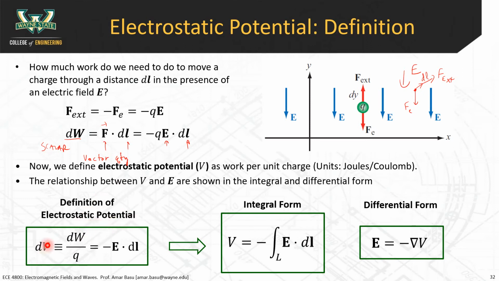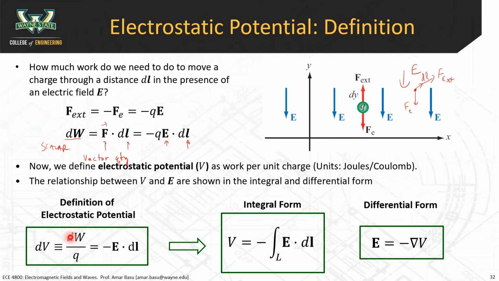dV is equal to dW over Q. Okay, the change in work divided by the charge. We don't define electrostatic potential as just dW. In the case of gravitational potential energy, the change in potential energy is just equal to dW.